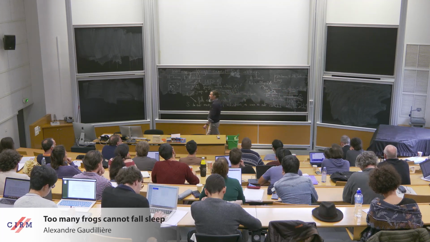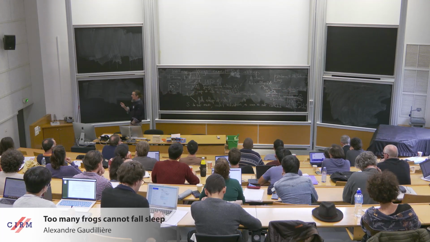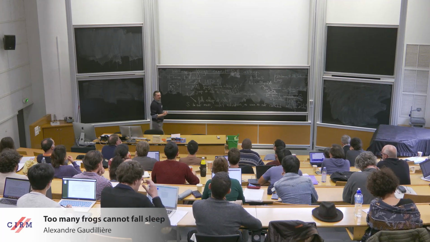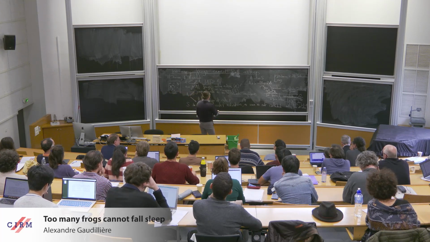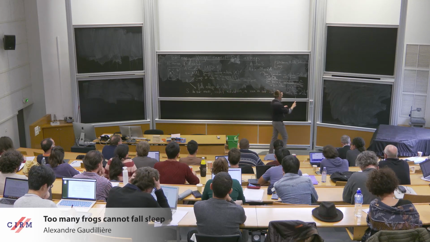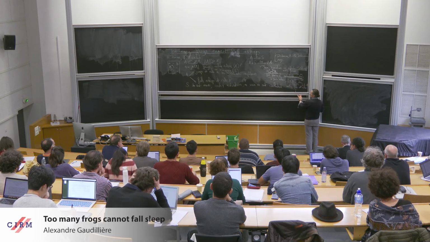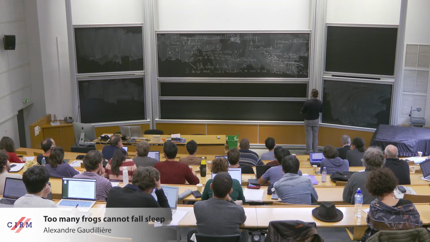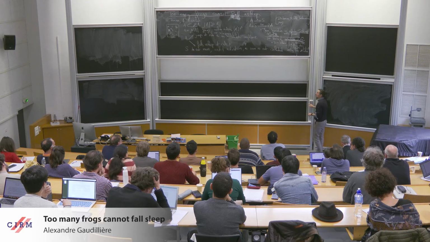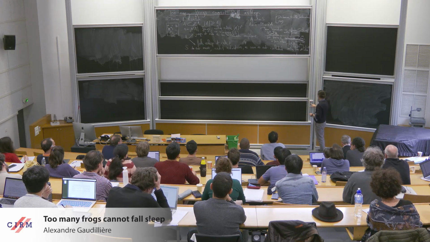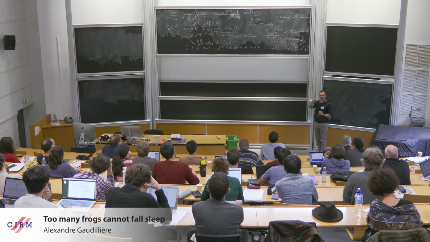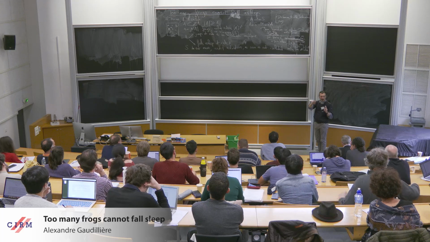Okay, let me say one word now on the motivation of this. This model was introduced as a candidate for explaining the appearance of critical systems without anyone tuning the parameter to put it in the critical phase.